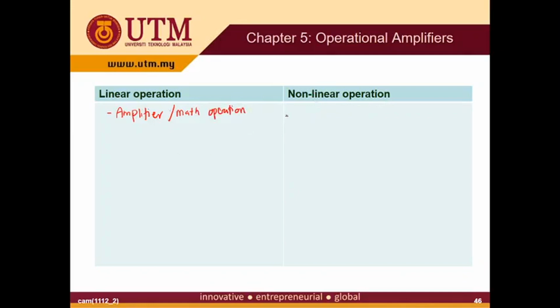But the nonlinear operation is more on the switching. Based on the switching, it can be used as a comparator.